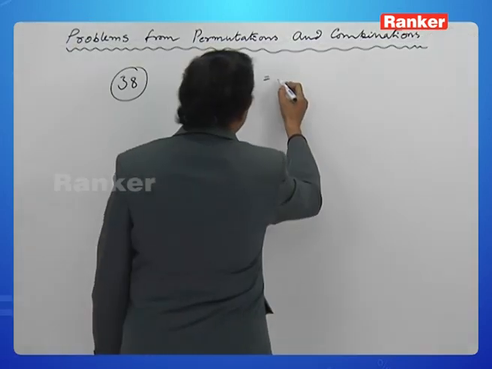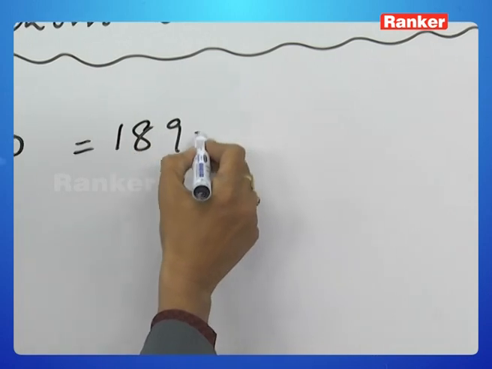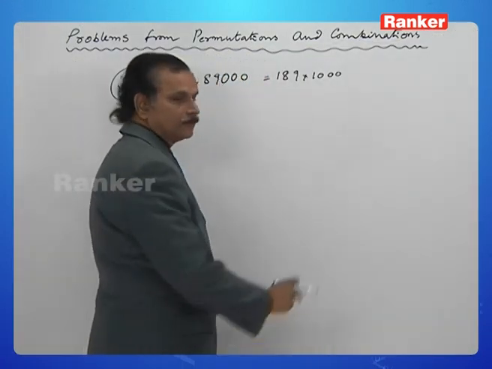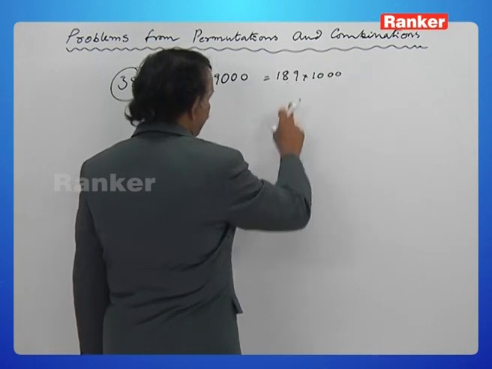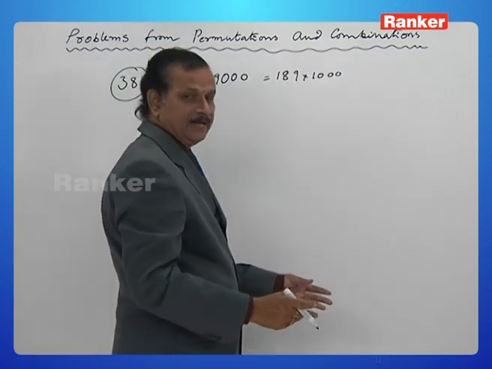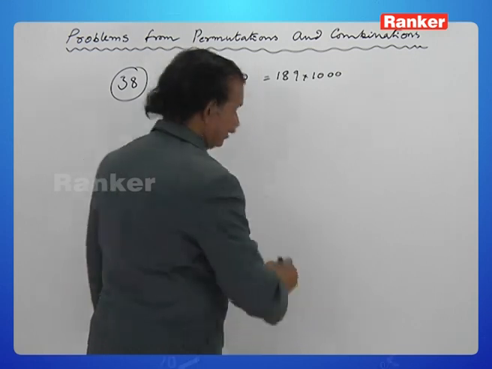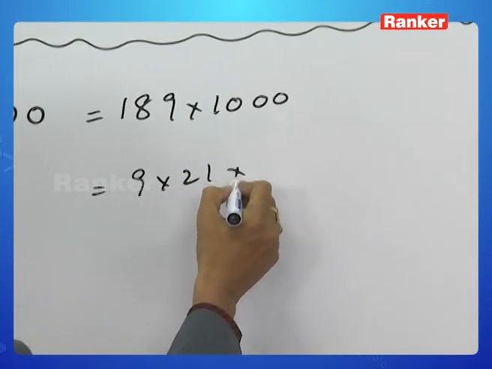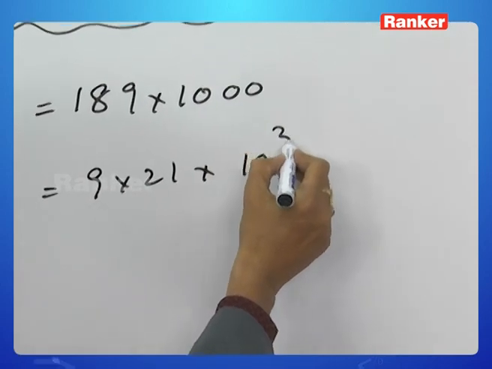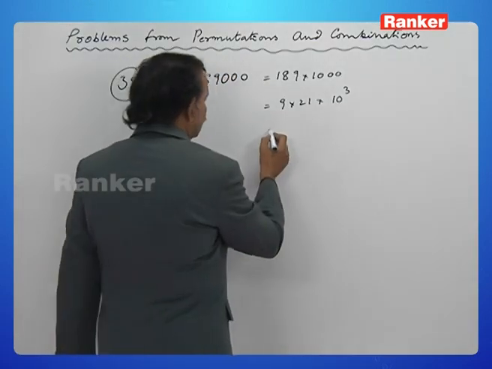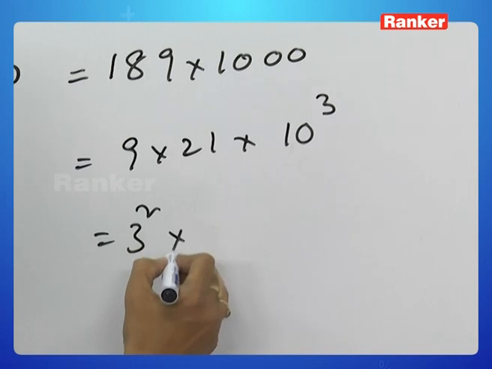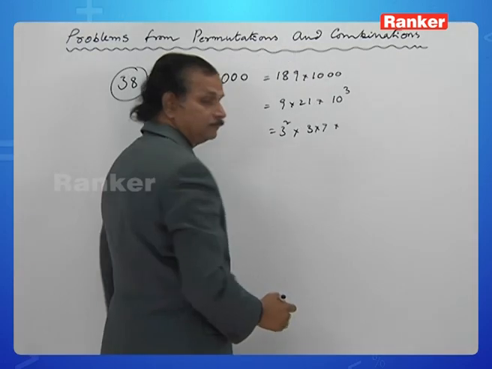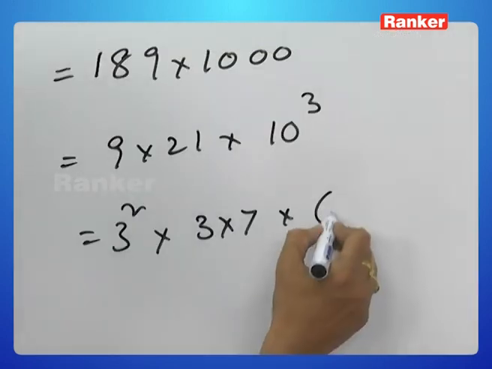It is 189 into 1000. 1 plus 8 plus 9 is divisible by 9. Hence 9 is a factor here. This is 9 into 21 into 1000. 9 is nothing but 3 square. 21 is nothing but 3 into 7. 1000, that is 10 cube, is nothing but 2 into 5, whole cubed.